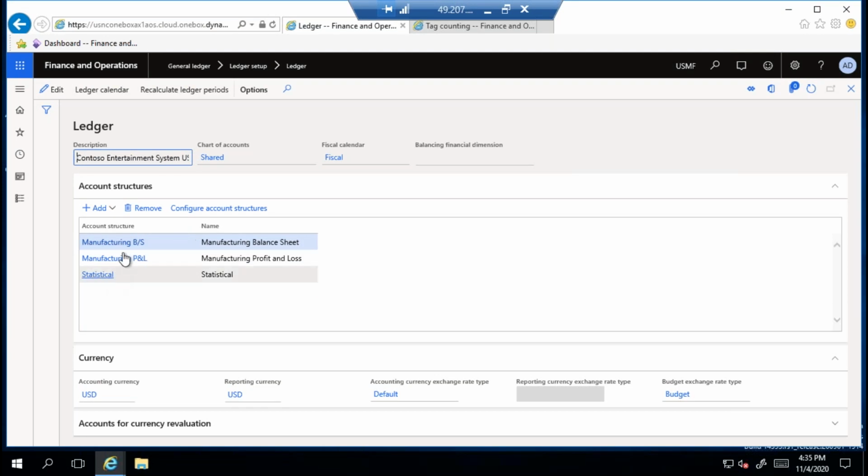It was mapped: manufacturing BS, manufacturing P&L, and statistical. So any combination you can create. The first one is manufacturing BS. If I click here or here, anything is fine.